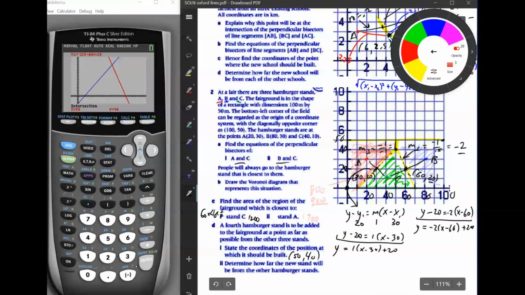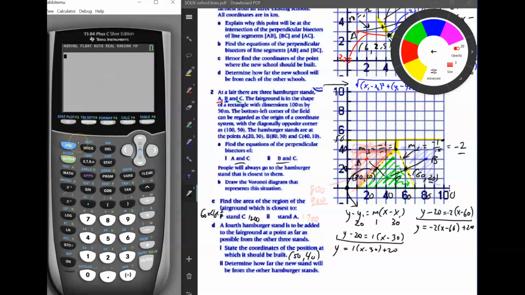And the last question is, determine how far the new stand will be from the other hamburger stands. So remember, when we do this, we're going to use the distance formula, this distance formula right here, and we're just going to type in the appropriate coordinates. So first we're going to do distance from red to black.